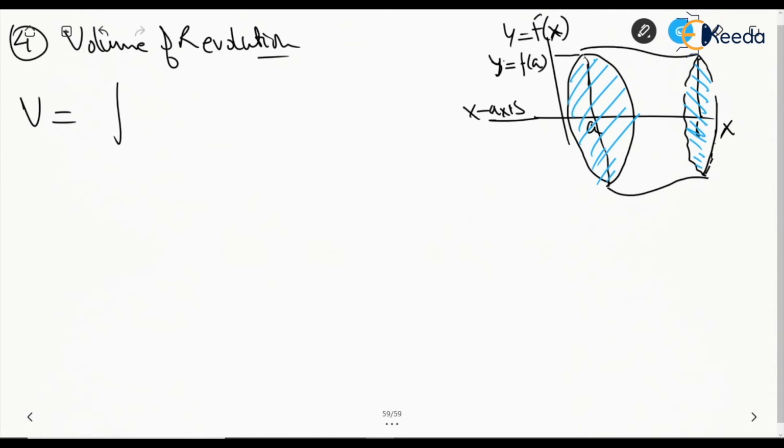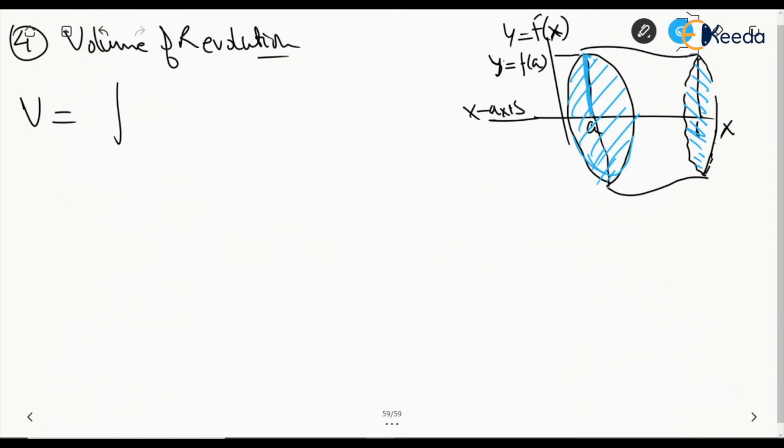So what is the area of this disk? This area of this circle is going to be pi y square, because this is your y, this is the radius of this circle formed, right? About x-axis, this is the radius which will rotate and make this a circle, right?